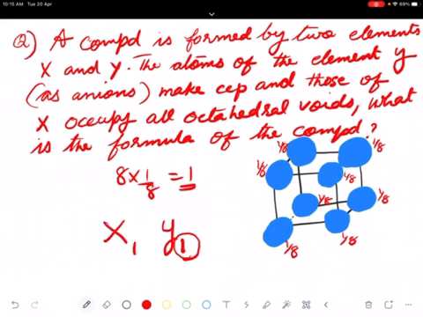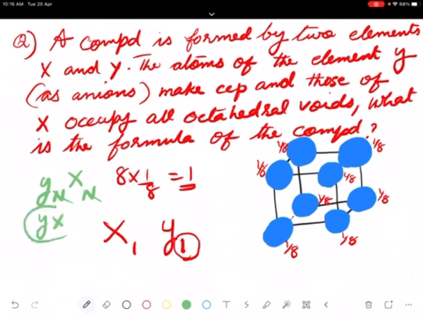If 1 is the number of Y atoms, the atoms of element Y make CCP and those of X occupy all the octahedral voids. Here I have taken one unit cell. You can take the entire crystal also. For example, let Y be N. Then X will be N. So this N will get cancelled.